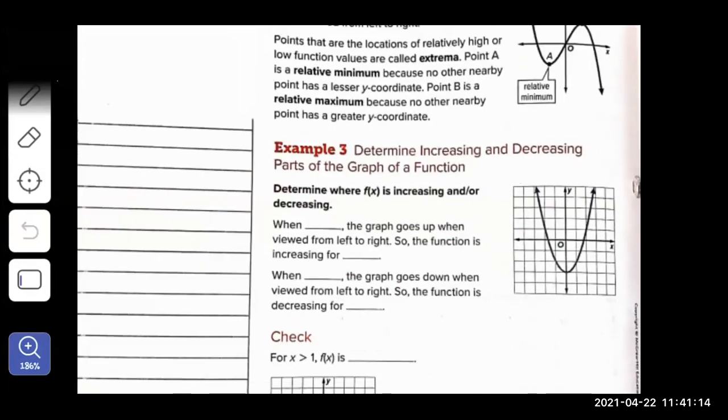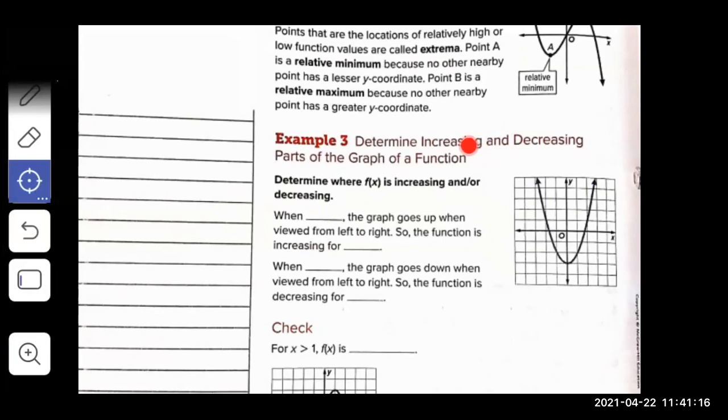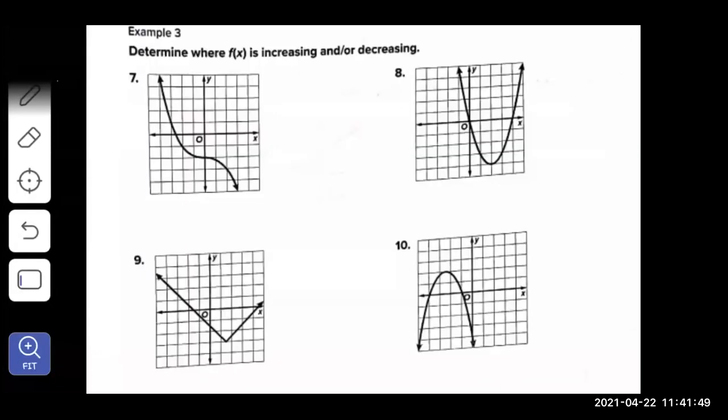What else do we have here? We can have something else, that is whether the graph is increasing or decreasing or both. Let's have a look at this one. We have to determine if this function is increasing, decreasing, or both.